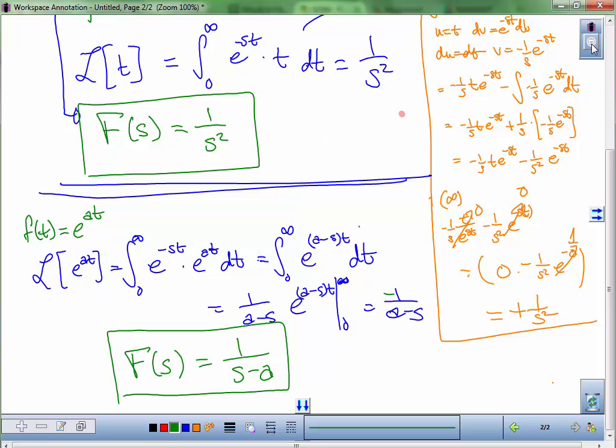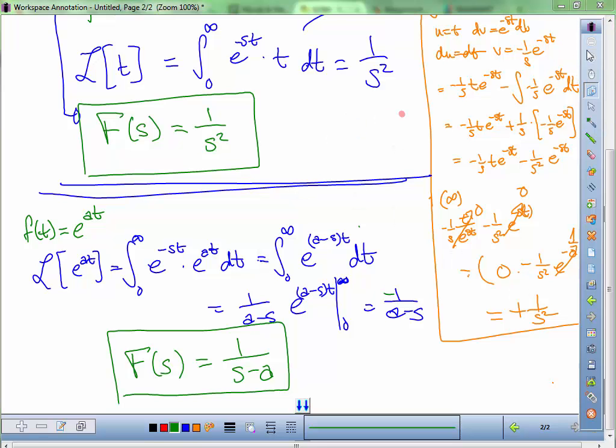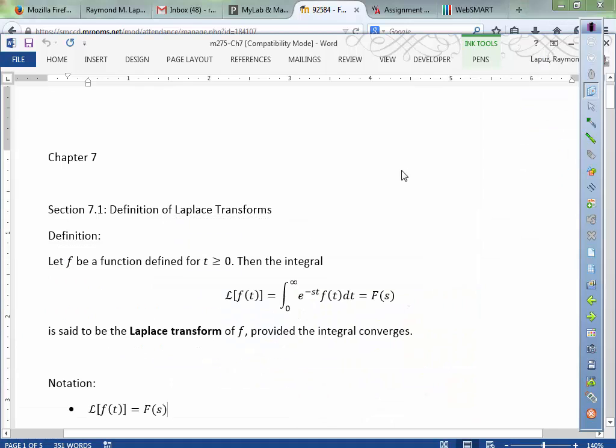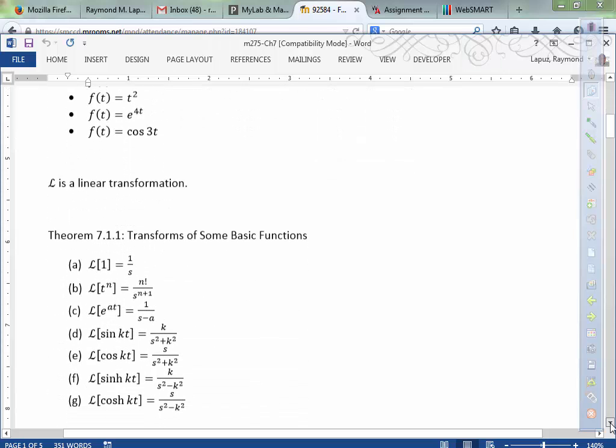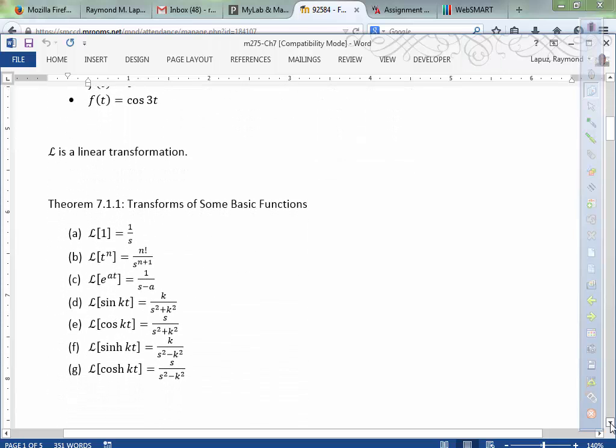And we could do this for a bunch of different functions, but like I said, there are tables that exist already that have all this information. And here's a short one.